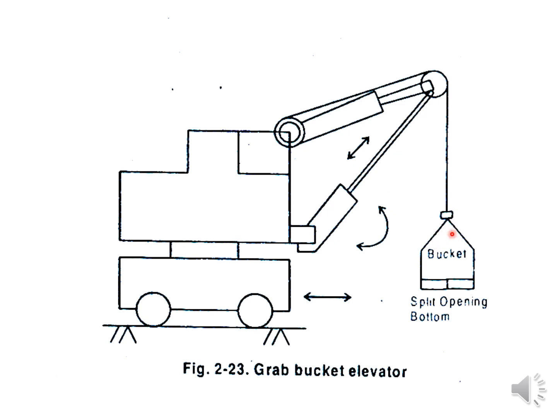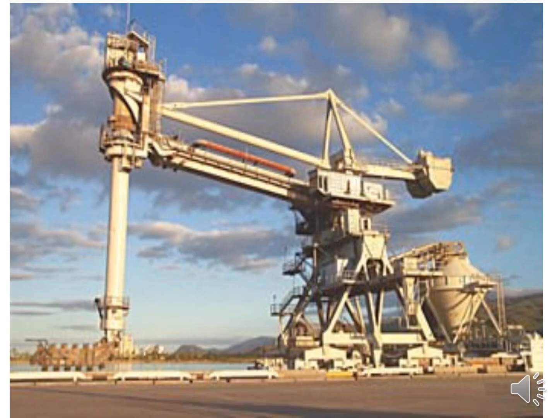This crane can rotate angularly, and it can also move linearly, horizontally. It picks here, and it can be placed at required degrees, or it can be taken to the required height also. So this is the grab bucket elevator.